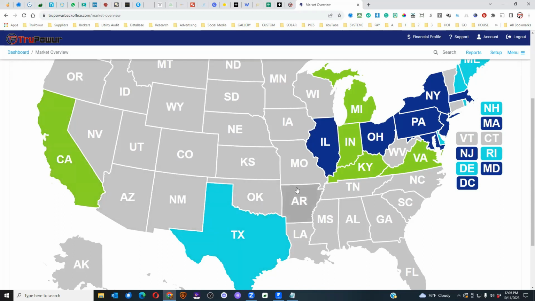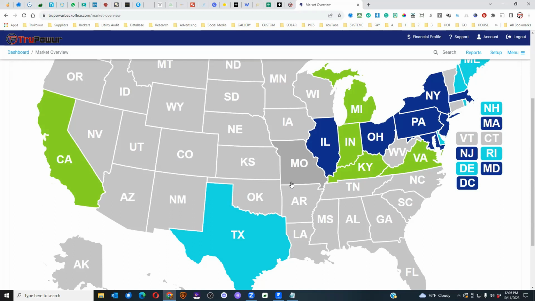Keep in mind that no state is 100% deregulated. So don't get frustrated at some point in your career if you find that you have a customer and for some reason there's not pricing available in that specific area. For example, close to my home is a township called Frisco, Texas, and it is not deregulated.